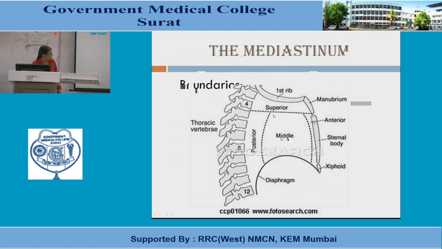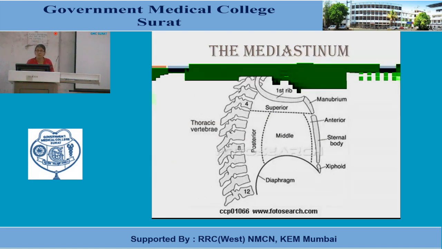There are many importances of the sternal angle, and one of them is that this is the level at which the mediastinum divides into superior and inferior parts. This is the inferior mediastinum, which is further divided into anterior, which is a very narrow space, middle, which is mainly heart and pericardium, and posterior mediastinum.